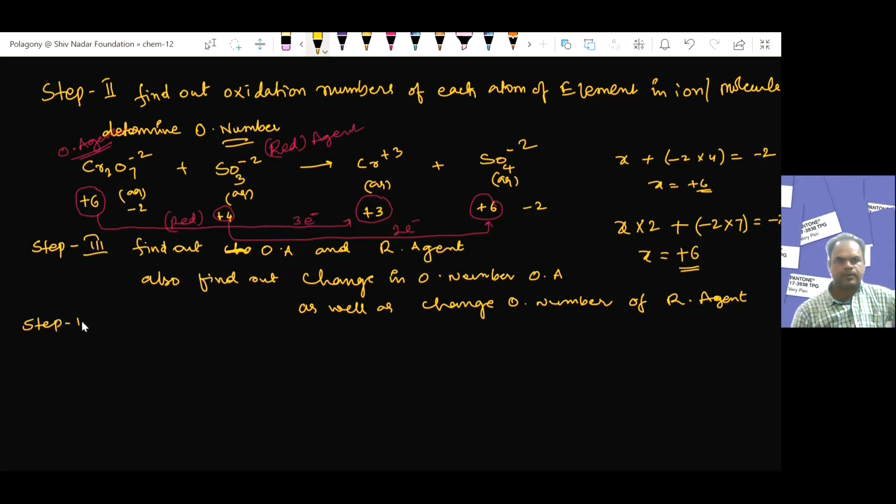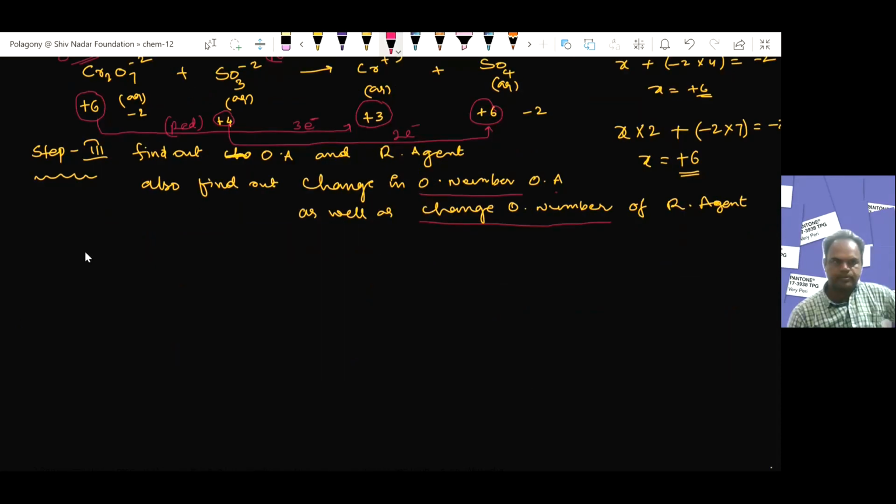Step 4. What we have to do now, let me write the equation. Cr2O7 minus 2 plus SO3 minus 2 changing into Cr plus 3 plus SO4 minus 2.